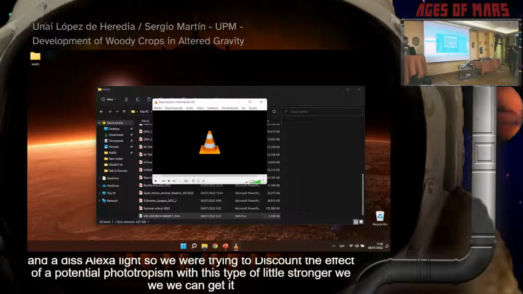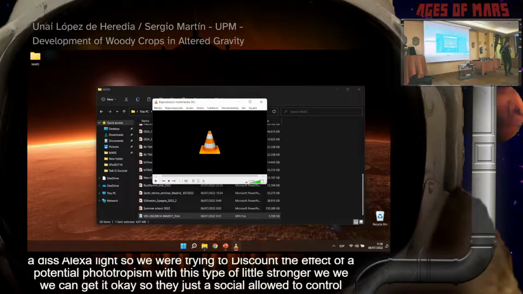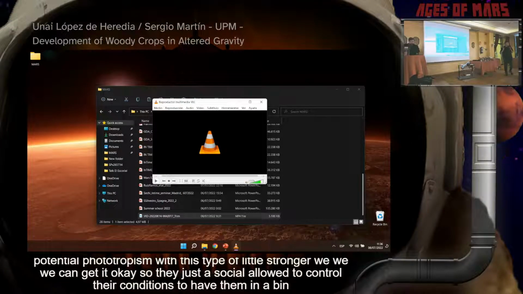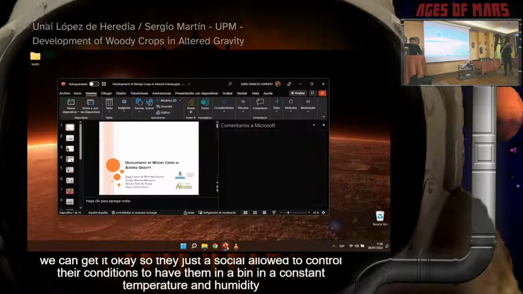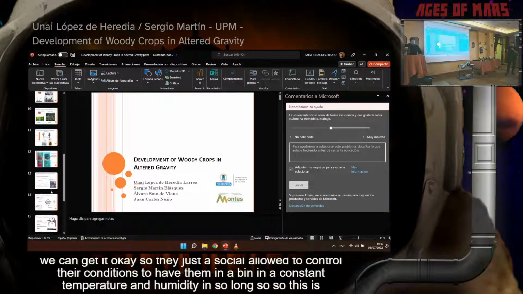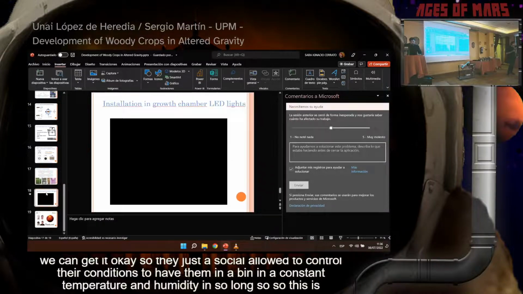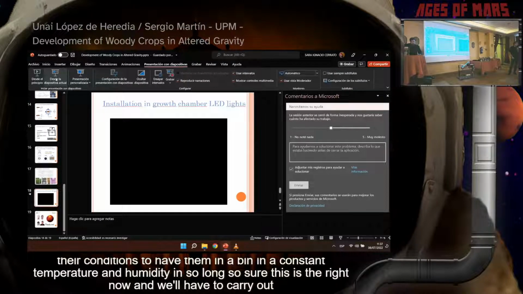Those growth chambers also allow us to control the conditions, to keep a constant temperature, humidity, and so on. So this is the point of our experiment right now, and we have interrupted it to carry our clinostat here and present it to you.